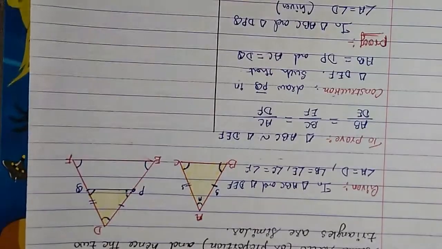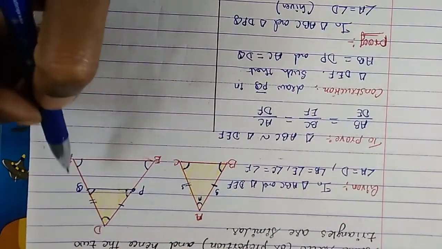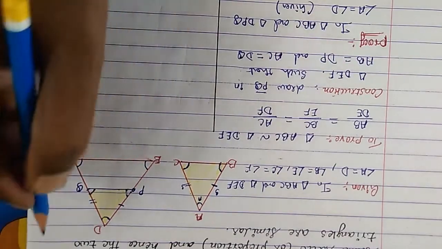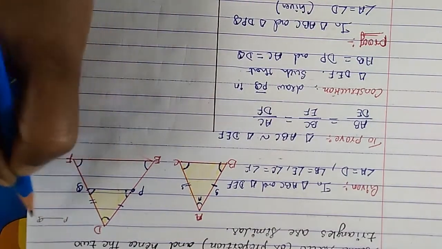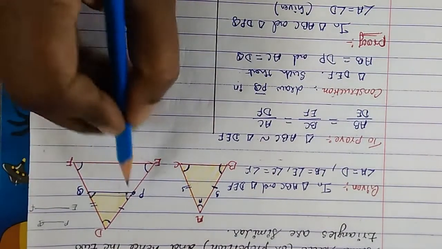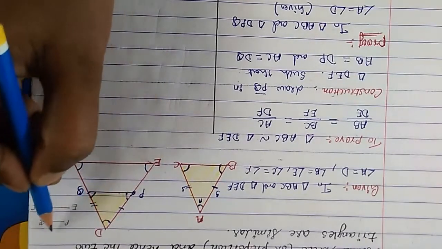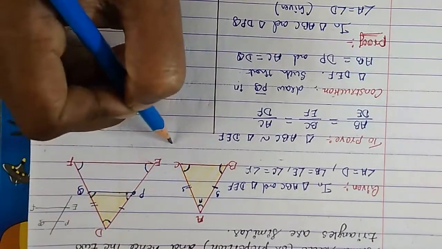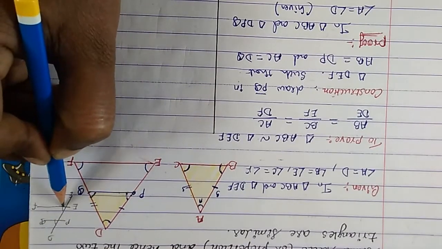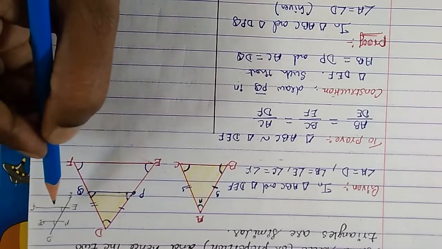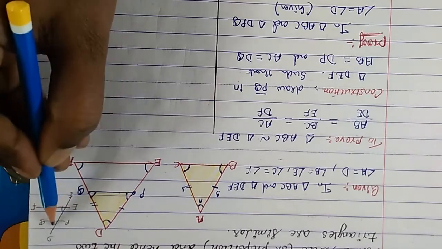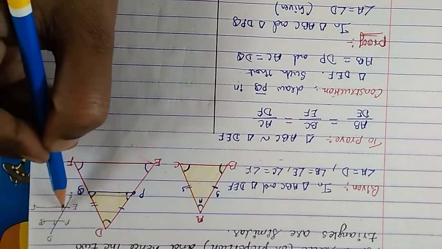If these two angles are equal, what are these angles actually? I will draw these two lines: this is PQ and this is EF. Now I am drawing this line, that is DE. These angles become equal when the lines are parallel. What angles are they? Corresponding angles.